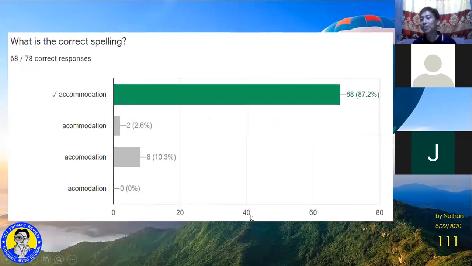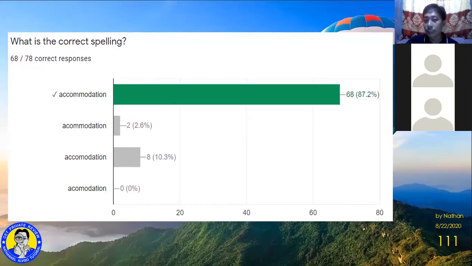There you go, my favorite, accommodation. I never get a wrong spelling with this because I keep repeating that double C, double M for accommodation. I use this a lot because I travel a lot, and I always look for accommodation. So I keep remembering the correct spelling. And it's the same with you guys.